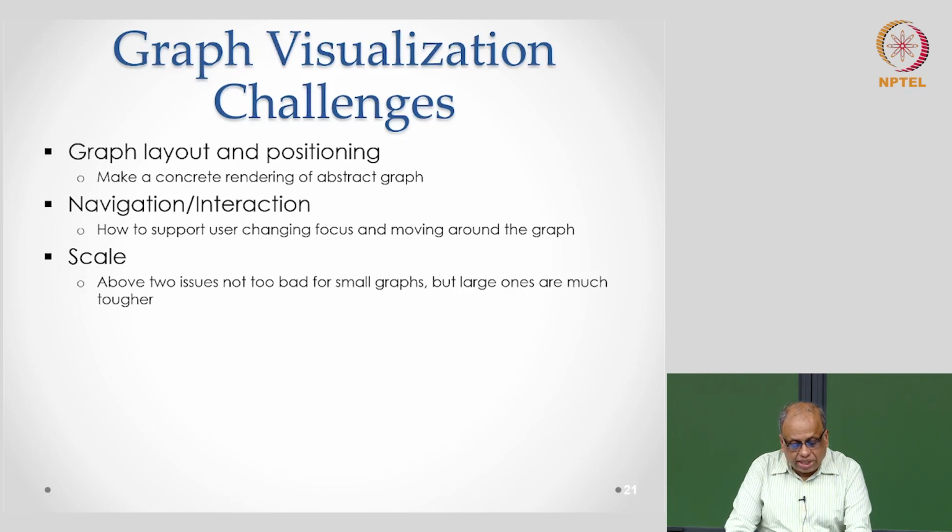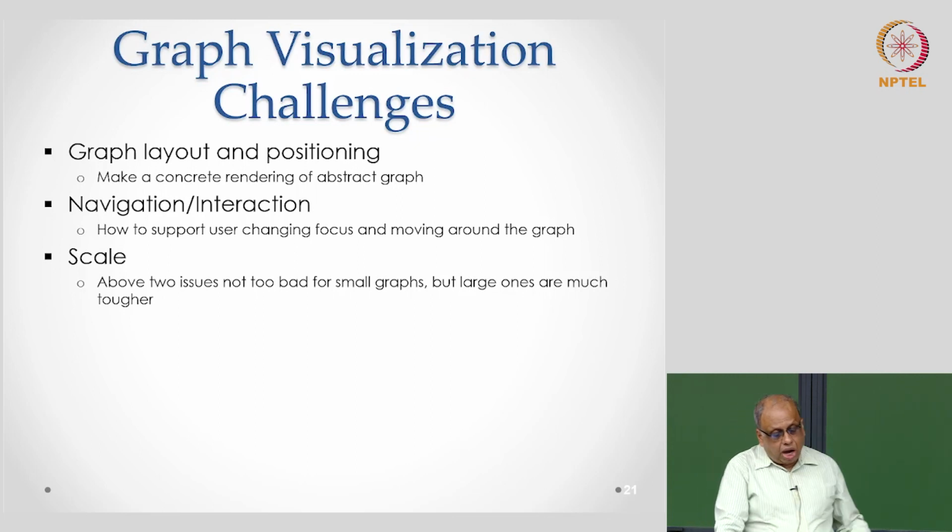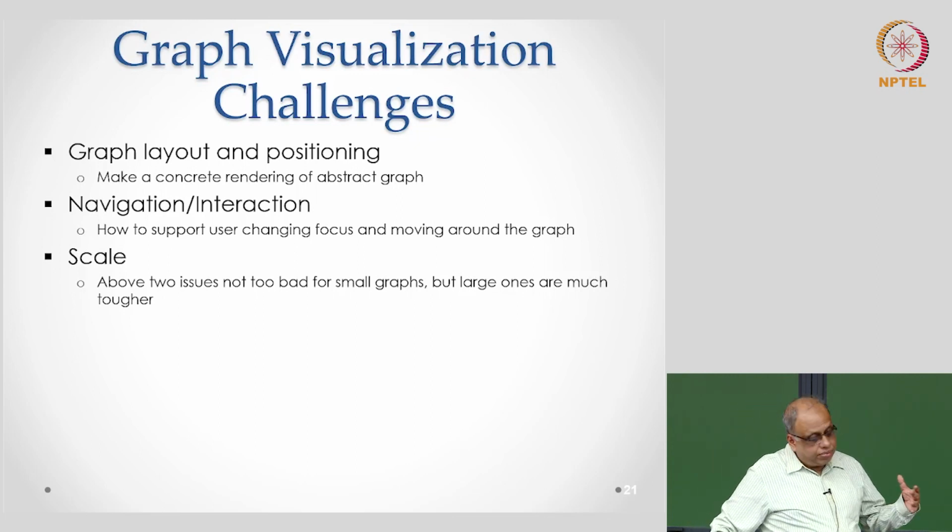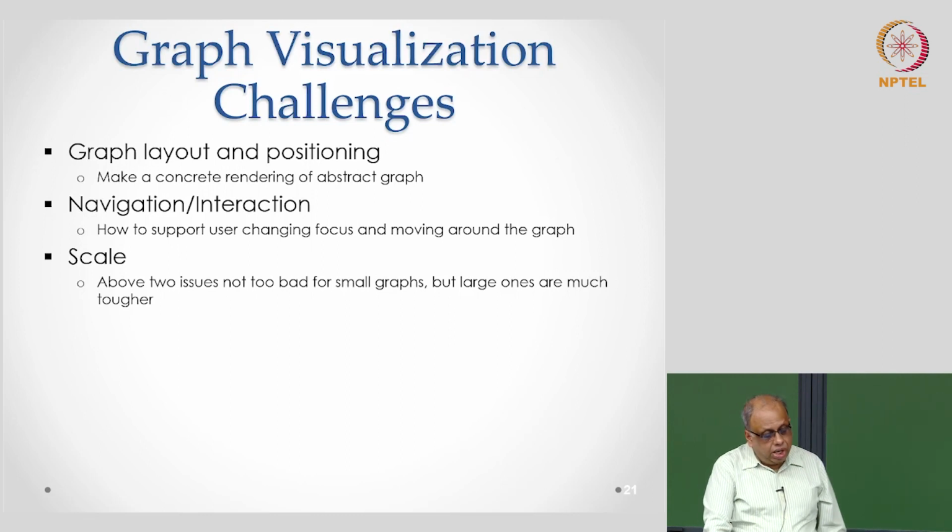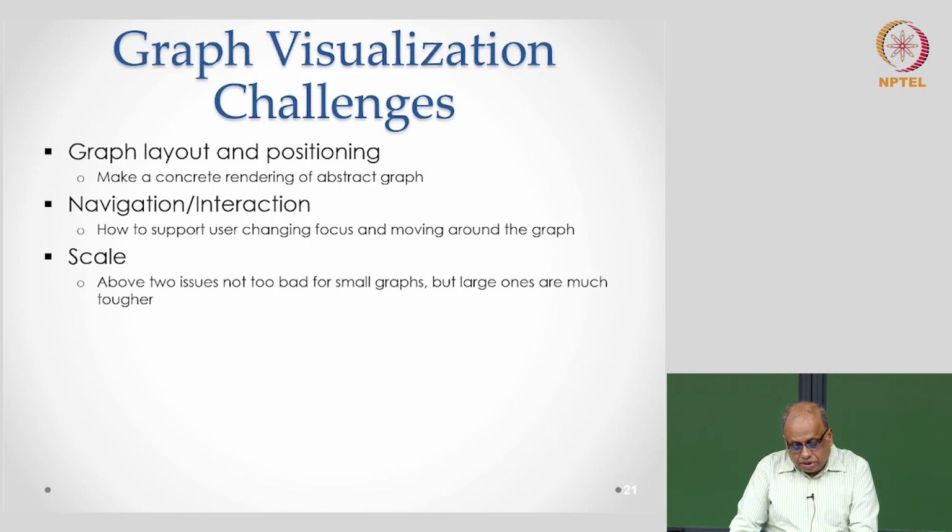The second one is navigation and interaction. How do you interact with the graph, especially if the graph is large, so that you can see patterns of data forming? And of course, scale is a big challenge. If it is a small graph, then the first two can be done. There were a lot of graph algorithms that work well for maybe up to 1,000 nodes, but after that they do not work well.